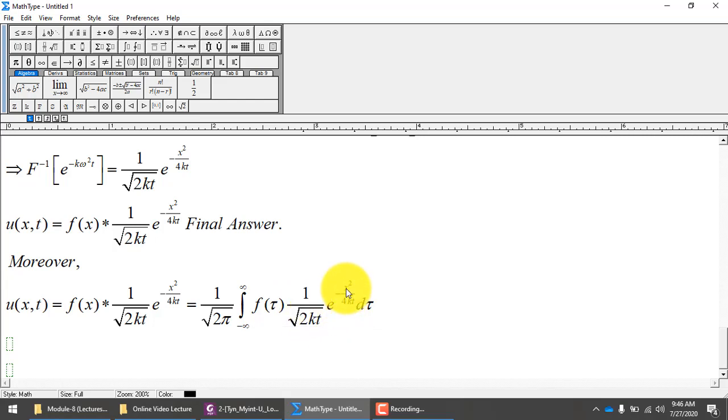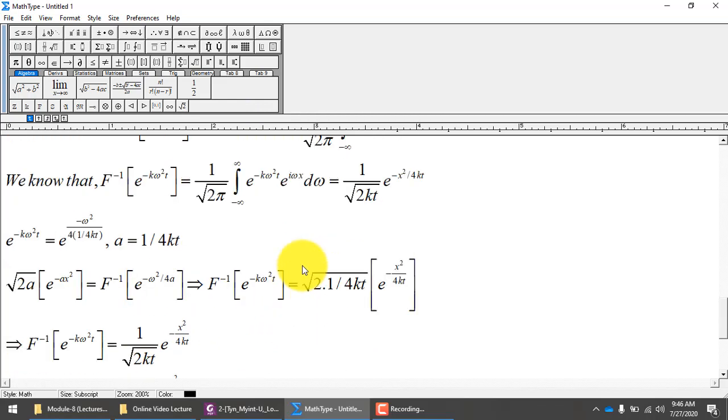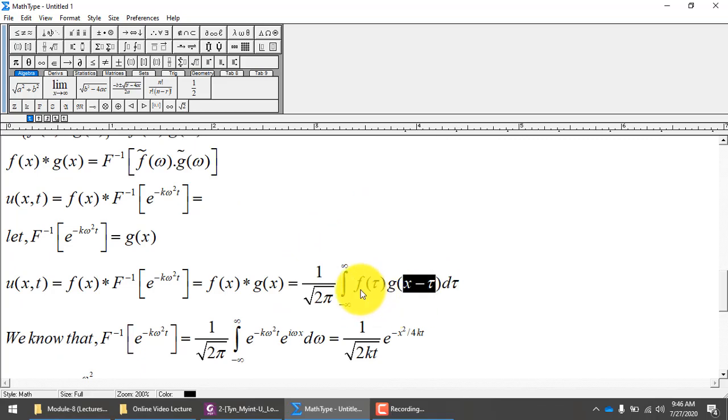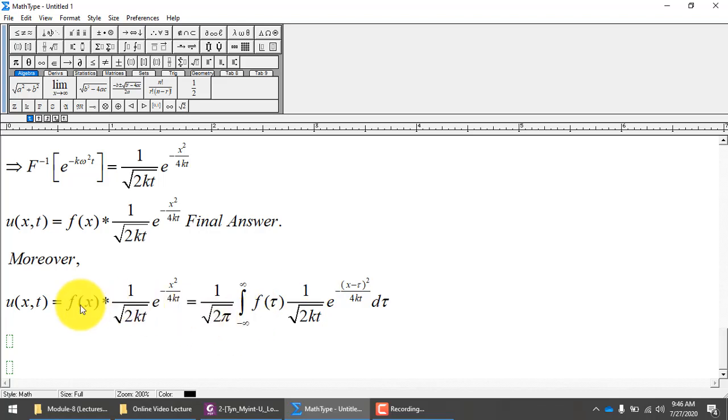Instead of x square, you will have e to the power minus x minus tau square, because you are applying the convolution over 4kt; it will be similar, because x will be changed to x minus tau. And instead of f of x you will have f of tau. So you put f of tau there, and the coefficient will be similar, there is no x there, and in e to the power x square you will put x minus tau square.